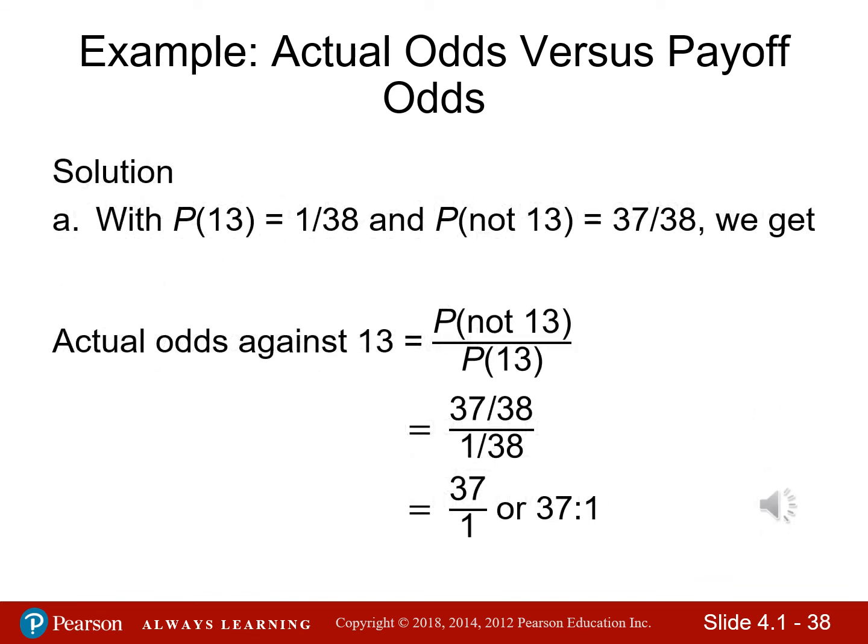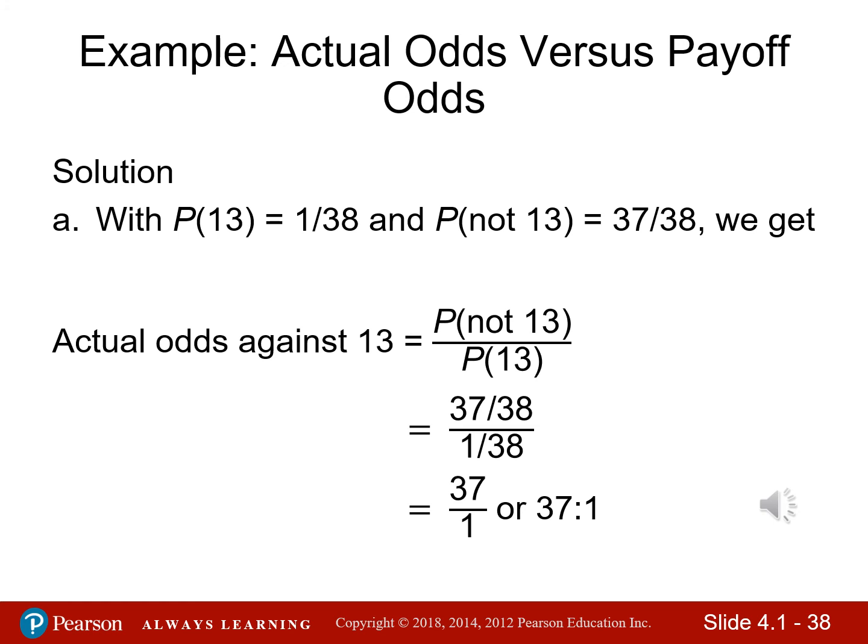Let's find the actual odds against the outcome of hitting a 13 on the roulette wheel. We know the probability of getting the number 13 on the roulette wheel is 1 over 38. Therefore, we can conclude that the probability of not getting the number 13 is 37 over 38.